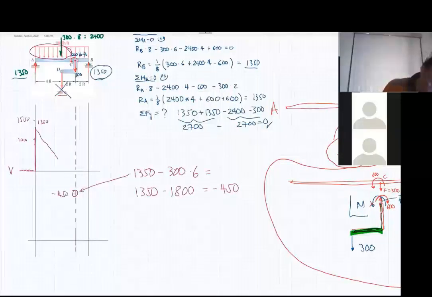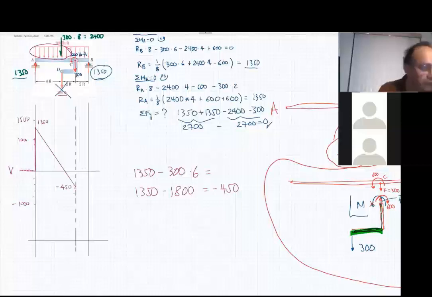So this is minus 450. What happens at 450?